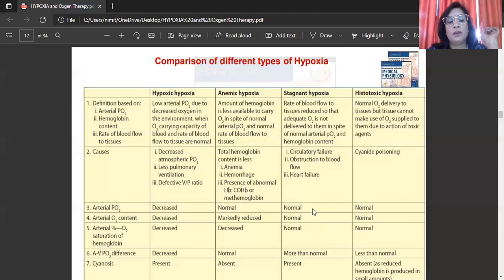Arterial PO2 is normal, arterial oxygen content is normal, AVPO2 difference is more than normal, and cyanosis is present.